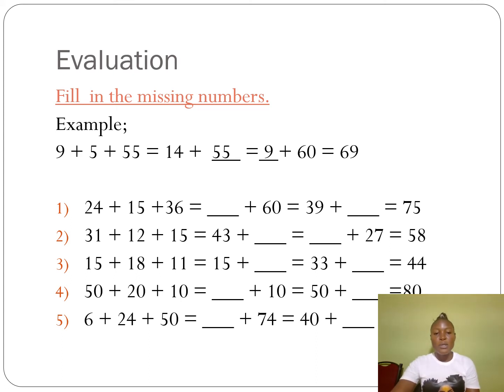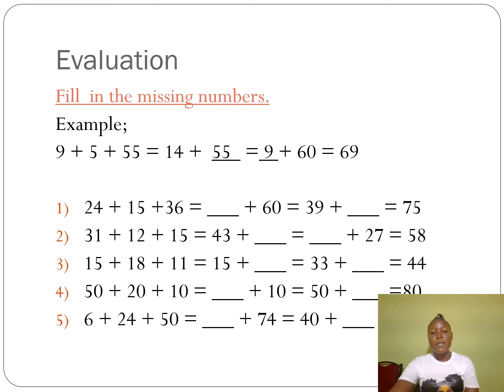So the first two numbers, 9 and 5, have been added together using the associative property to get 14. So 55 has been repeated, and it is being added to 14. And then we can still have these two numbers also added here. You can see that the 9 has been repeated here.